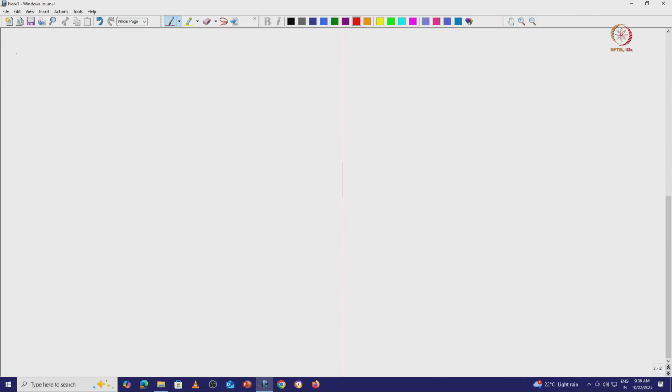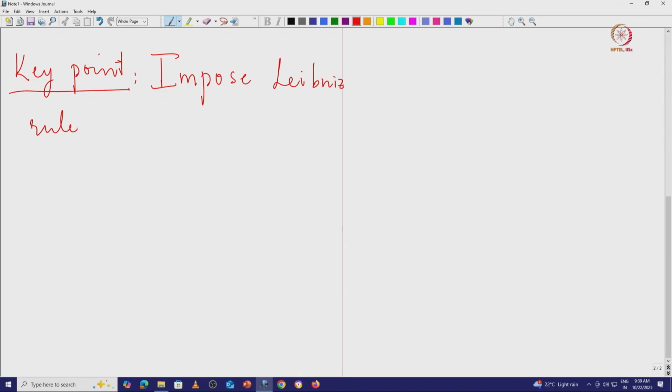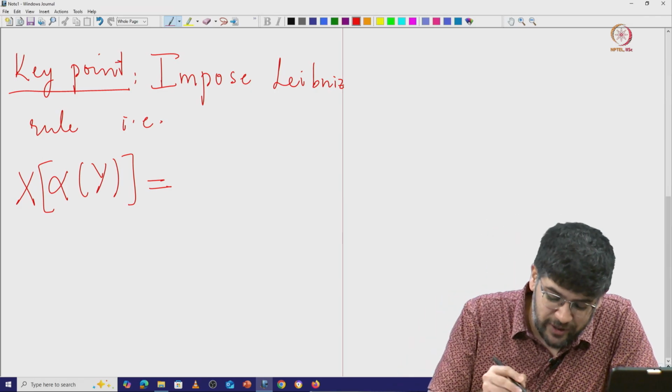Okay, so the key point in order to guess at the right formula is to impose a certain Leibniz rule. What do I mean by that? Let's say I take alpha acting on Y, that's a smooth function, so I can differentiate it with respect to X. Well, I want the following Leibniz rule.